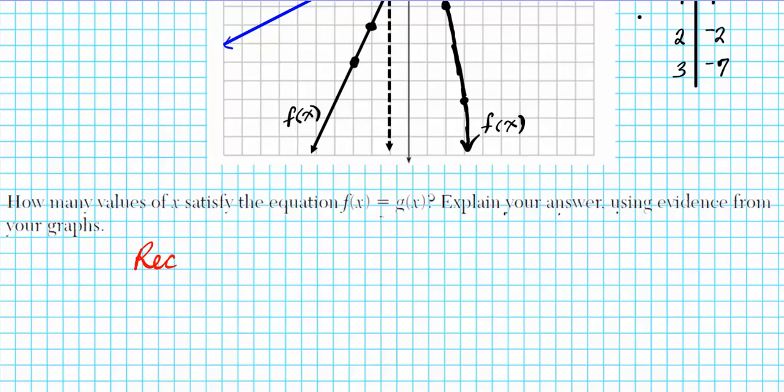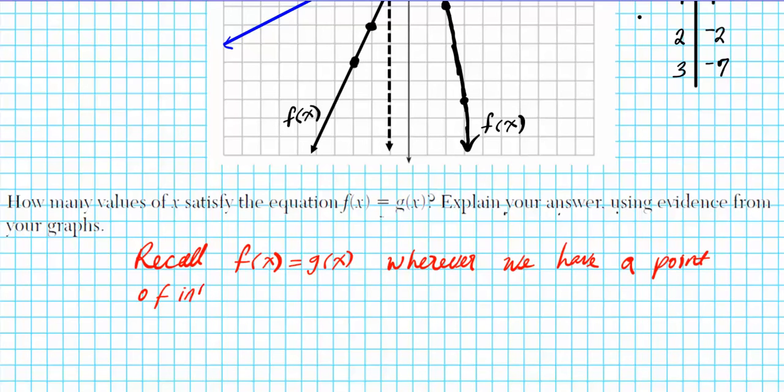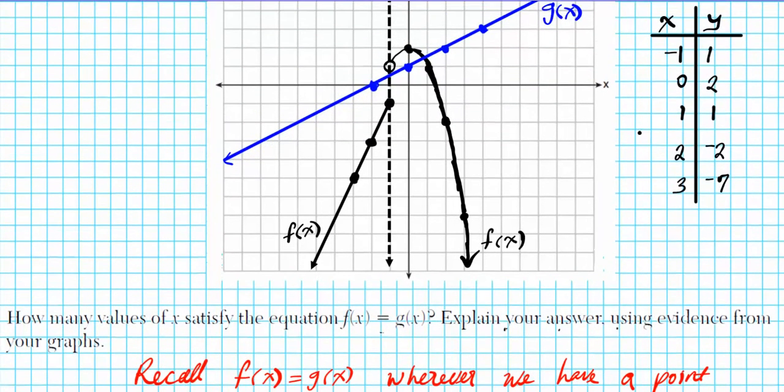Recall, f of x is equal to g of x wherever we have a point of intersection. So what this question is asking is how many points of intersection are there between g and f?